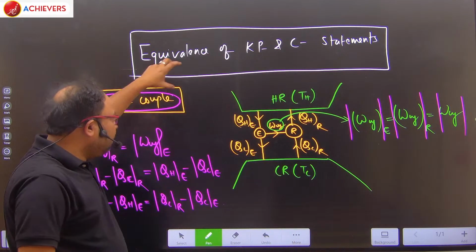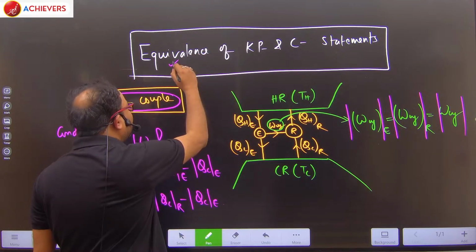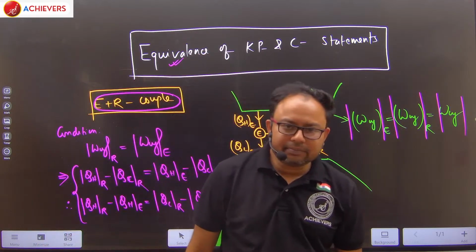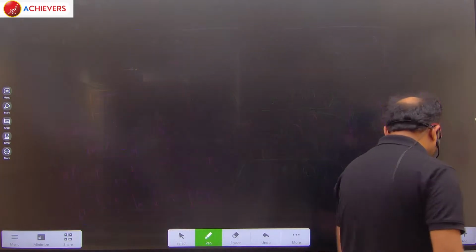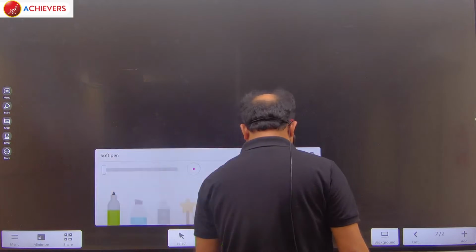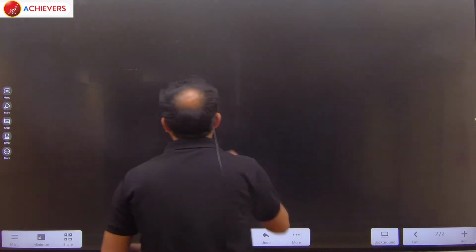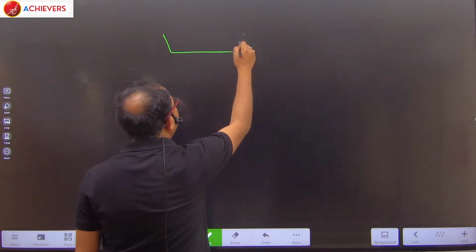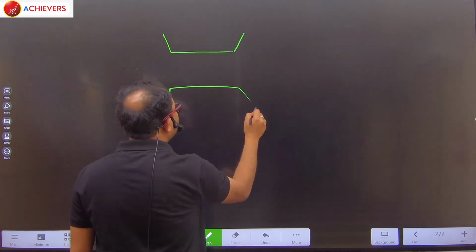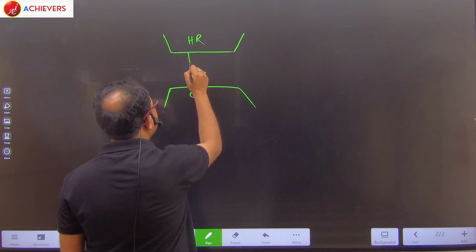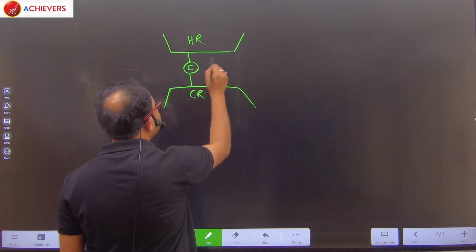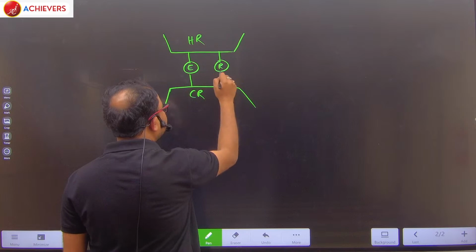Now, we would gradually move into the logic of this equivalence. For that purpose, let us draw this diagram once again. So what we have got? We have got a system like this, where you have got an engine and you have got a refrigerator.